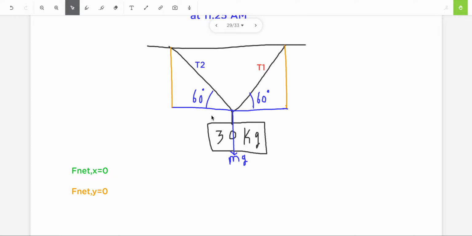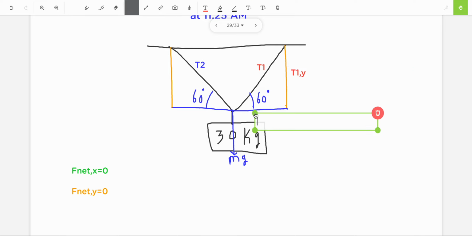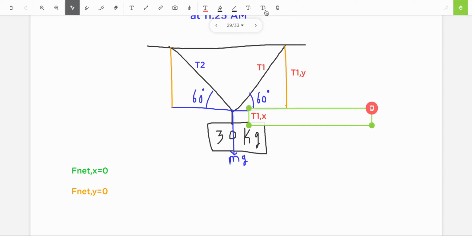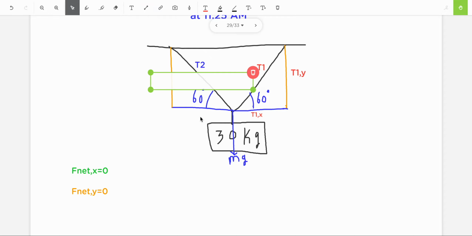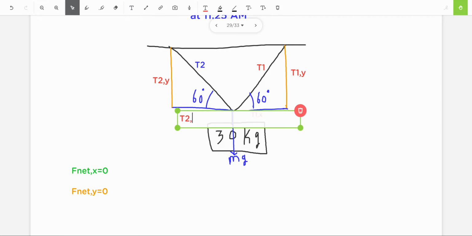Okay, and now we will label them as, here it will be T1y and T1x. And here it will be T2y, T2x.